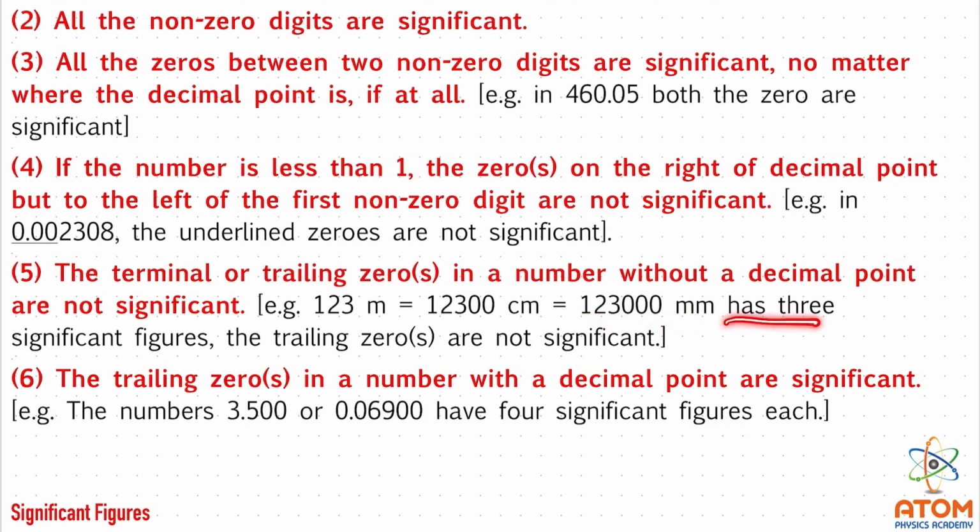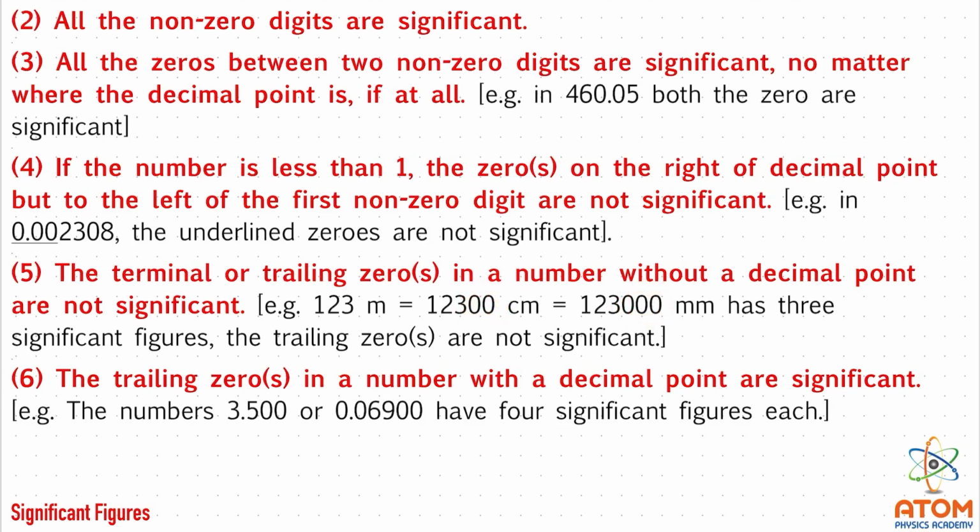All of them have 3 significant figures. The trailing zeros are not significant. As we have said, if you change the unit, the number of significant figures does not change. So following that rule, here there are 3 significant figures, so here also there should be 3 only, and here also there should be 3. That means these zeros are not significant.